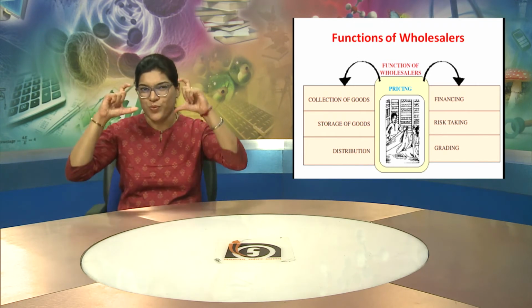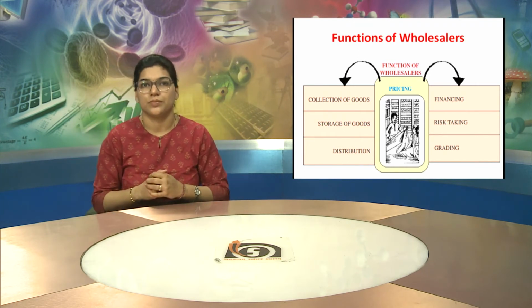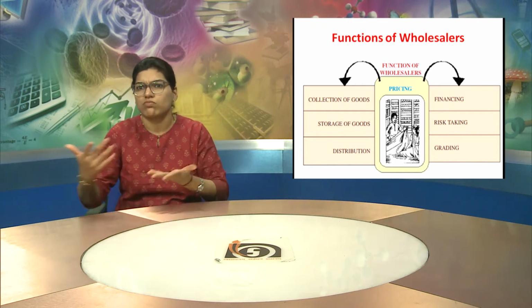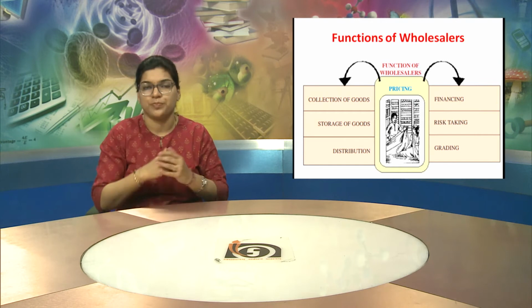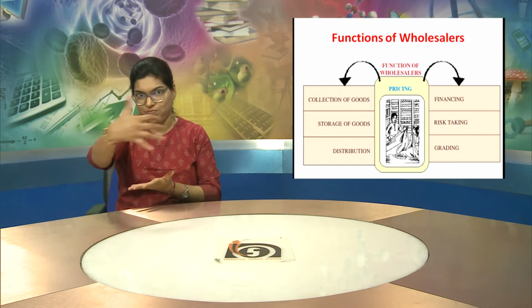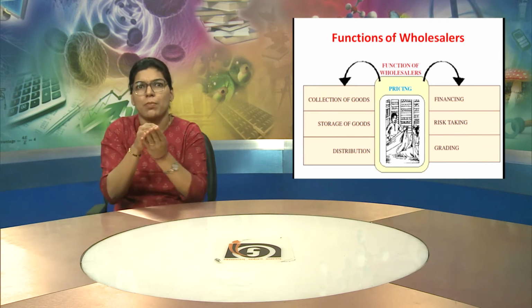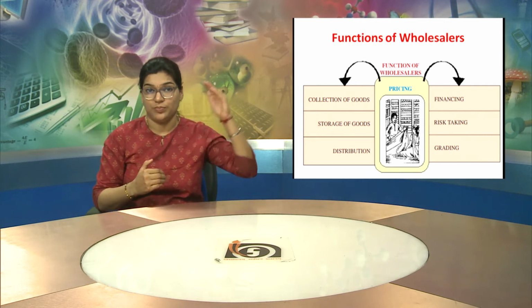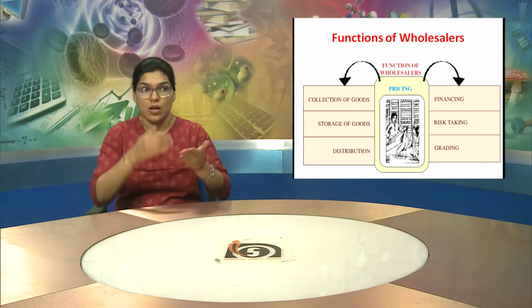Functions of wholesalers. As you can see in a picture, there are two sides. On the left side, first is collection of goods. Second point is storage of goods. Third is distribution.